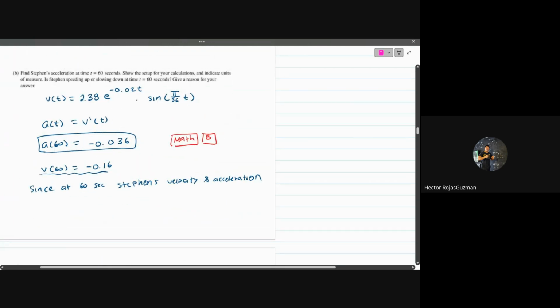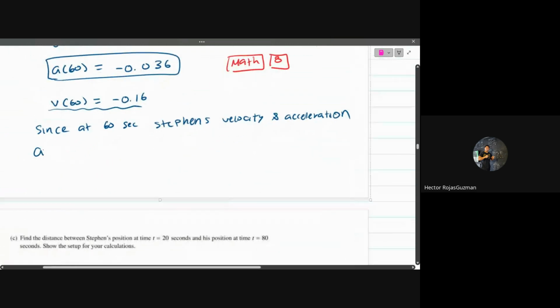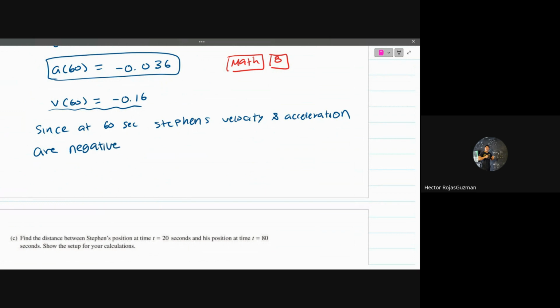And the acceleration are both negative. Steven is speeding up. So, in other words, if acceleration and velocity have the same sign, you're speeding up. Opposite signs means you're slowing down.